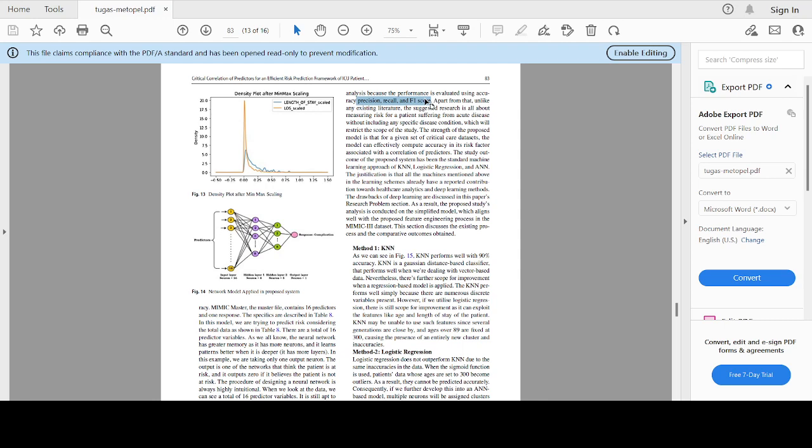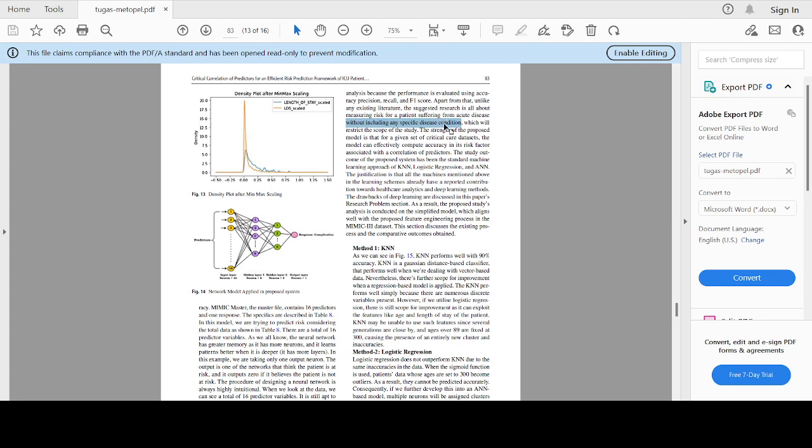That will always follow accuracy, because as I said before, accuracy itself cannot really determine the performance. Apart from that, unlike any existing literature, the suggested research is all about measuring risks for a patient suffering from acute disease without including any specific disease conditions.